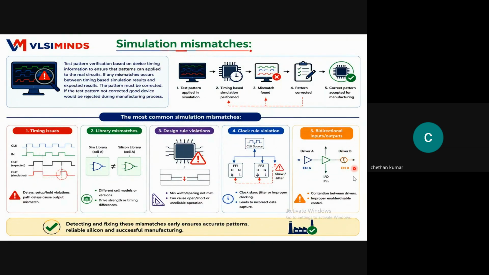And bidirectional inputs and outputs, that is bidirectional buffers, tri-state buffers we call. If the particular enable signals of those are not active, that also will lead to bus contention violations. All these may lead to mismatches.